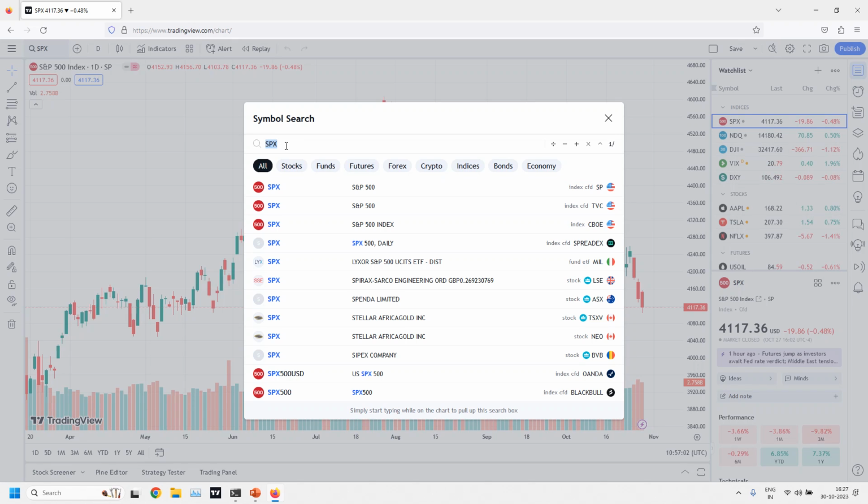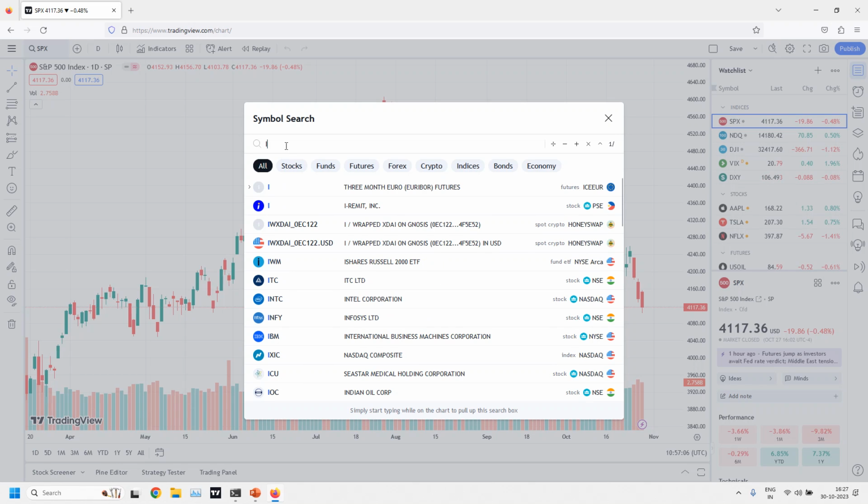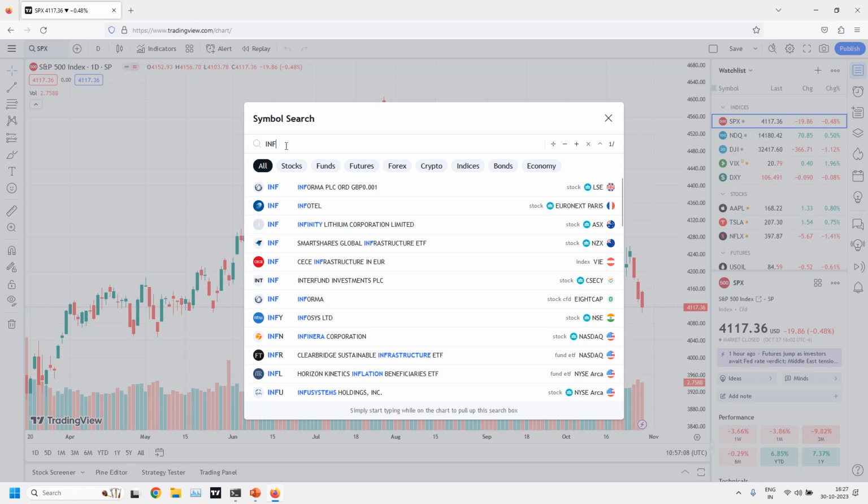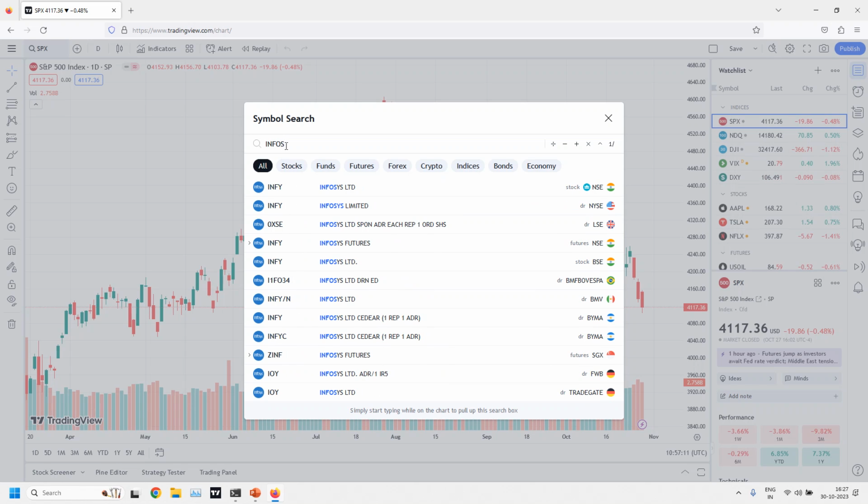Say for example, I want to type Infosys. Here it is displaying Infosys Limited. So click on this. Infosys Limited. Here you can see the exchange.